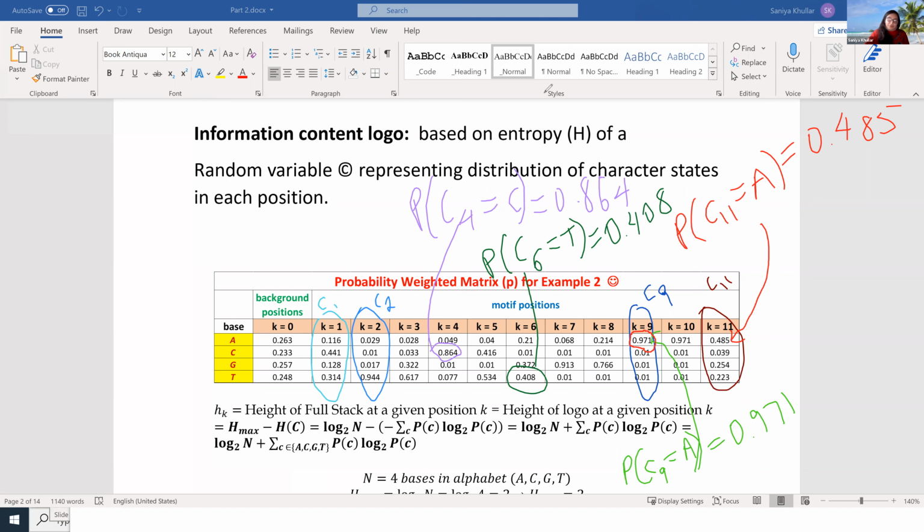So those are, again, how you interpret these positions. These are K. And again, just to clarify, we really are not super concerned about this part. We can just ignore the background positions. Not concerned about those.